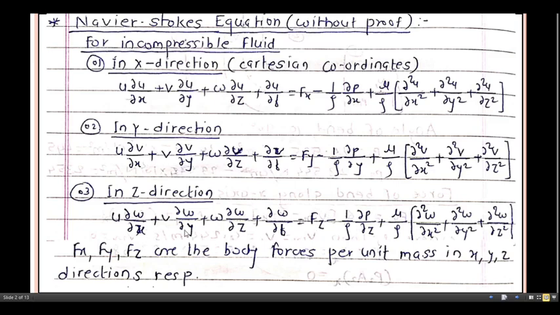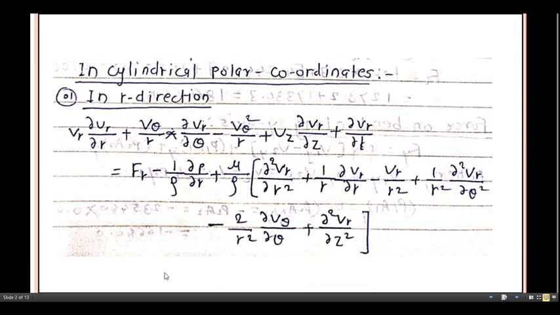Now just see the equation along the z direction. You can get that in this way: u into ∂w/∂x plus v into ∂w/∂y plus w into ∂w/∂z plus ∂w/∂t equals Fz minus 1 upon rho into ∂p/∂z plus mu by rho into ∂²w/∂x² plus ∂²w/∂y² plus ∂²w/∂z². Here Fx, Fy, Fz are the body forces per unit mass in the x, y, z directions respectively.